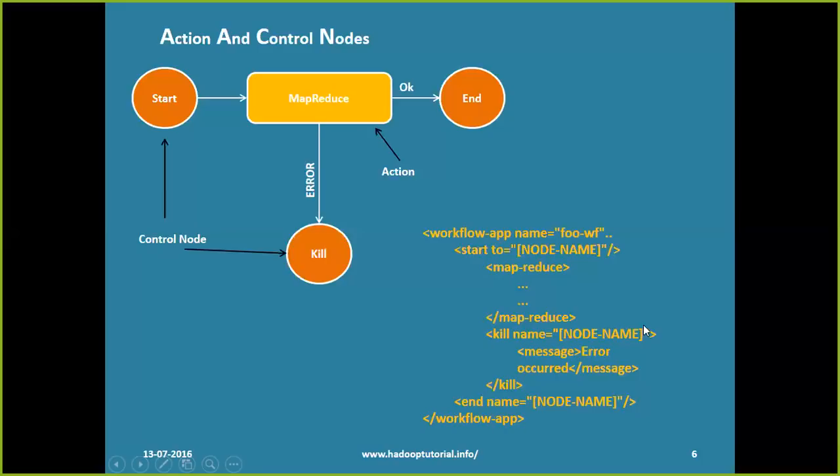One is for killing the application, and another is for ending that application in a successful manner. Since this is XML notation, you will find a closing tag corresponding to each of these nodes.